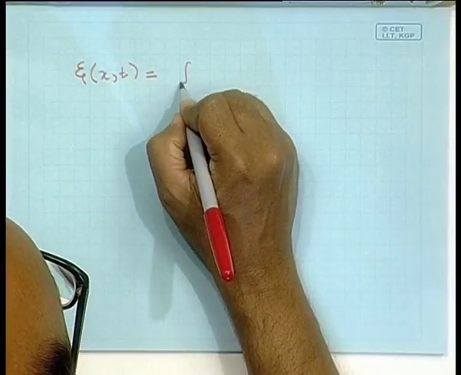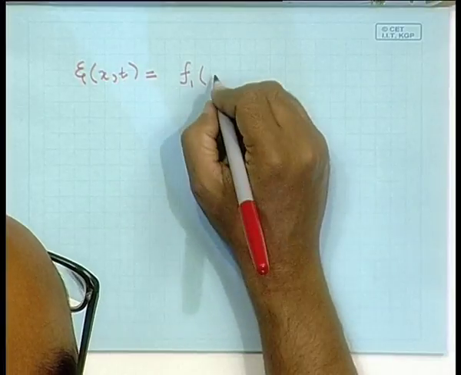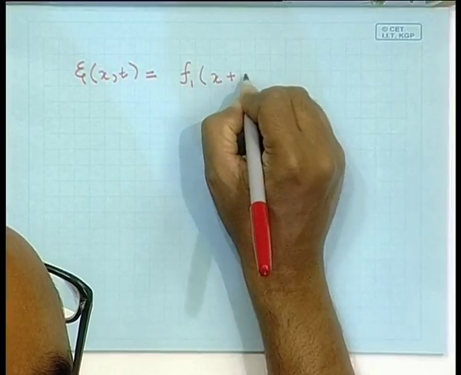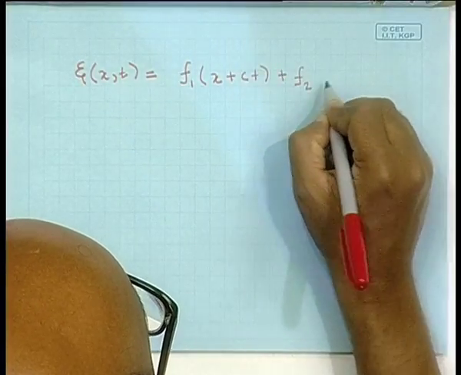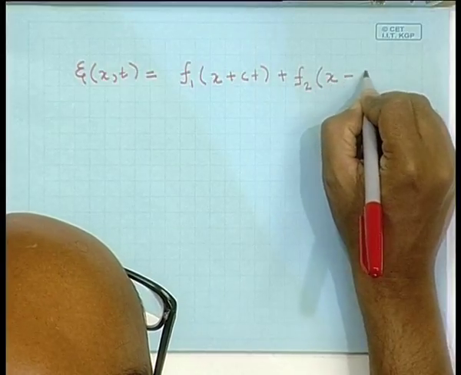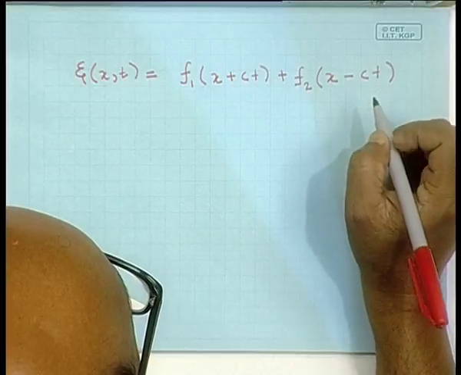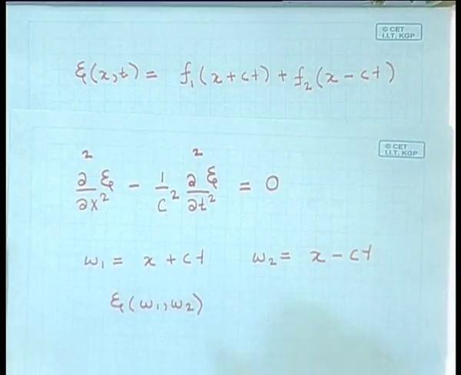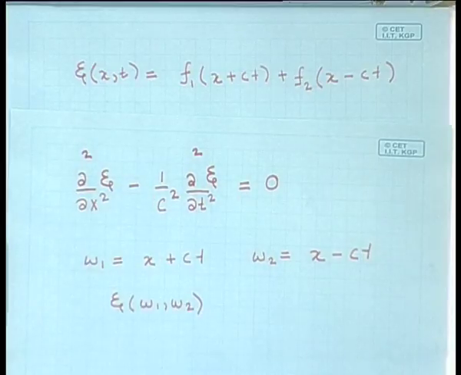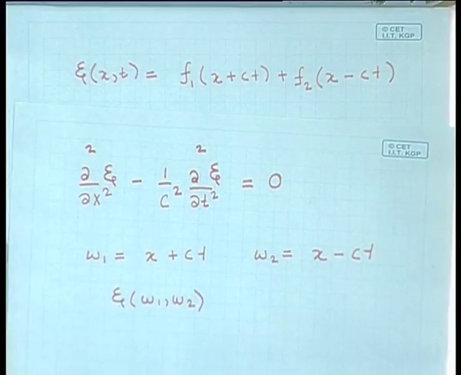It could be some arbitrary function f1 of W1, where W1 is x plus ct, plus some other arbitrary function f2 of W2, which is x minus ct, and this linear superposition of two such functions is a solution to this wave equation. So we have obtained the most general plane wave solution to the wave equation.